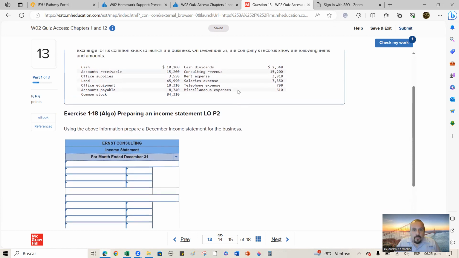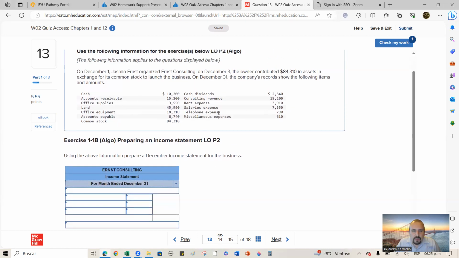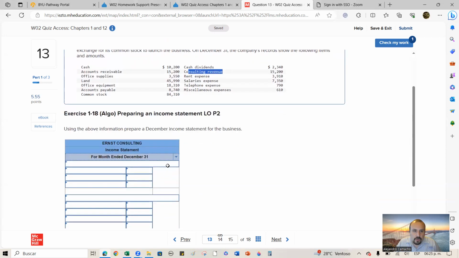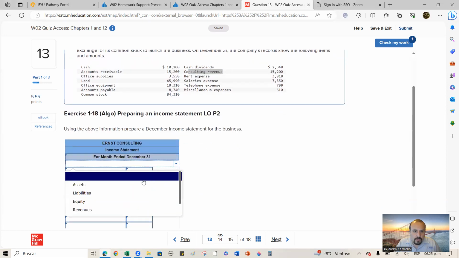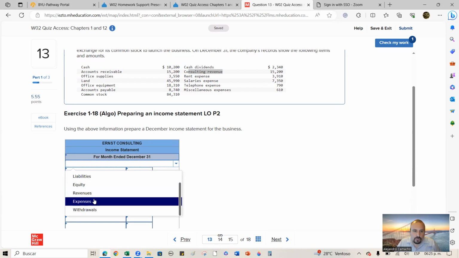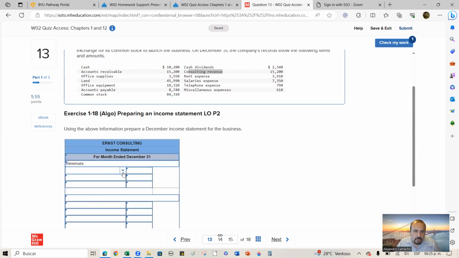So if we see this list, we will see that the only revenue is this one for consulting services, right? So we can start with the different revenues, but in this case we have just one, the consulting revenues, and I will put the amounts later.